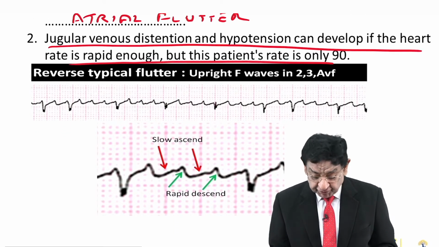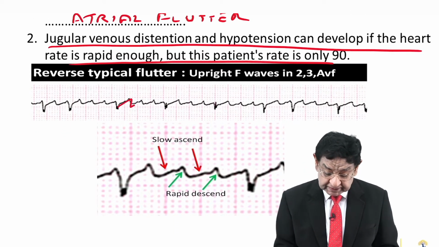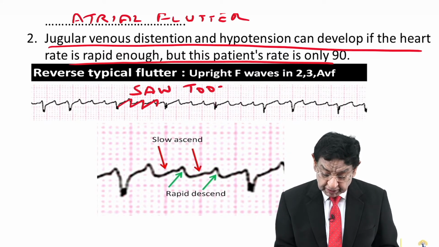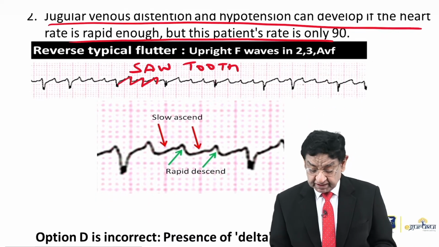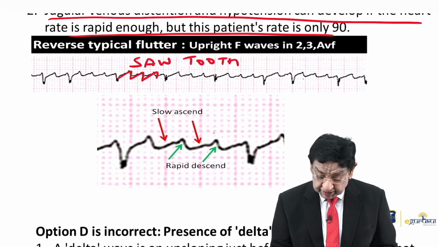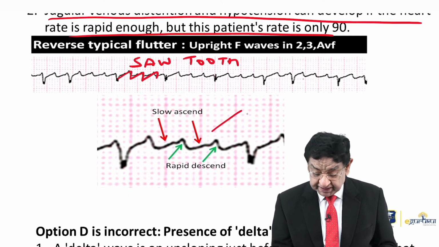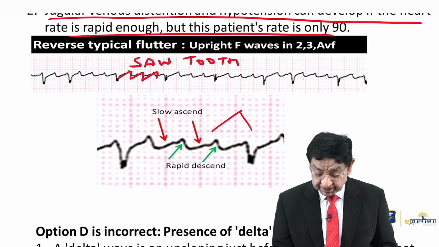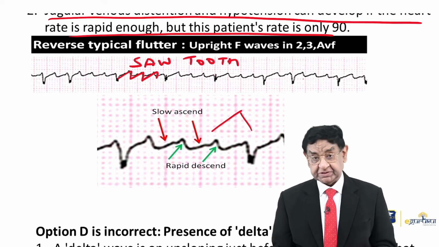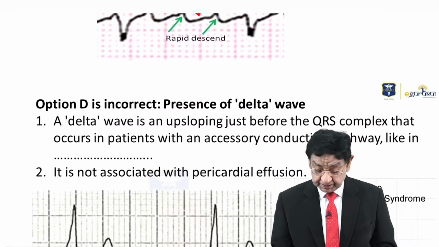But just to inform you, you can see this sawtooth appearance. Additional knowledge for you: the rise is slow, but the descent is very fast. That's why you get a picture like this, sawtooth appearance.